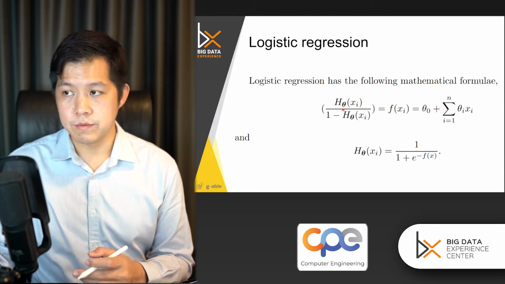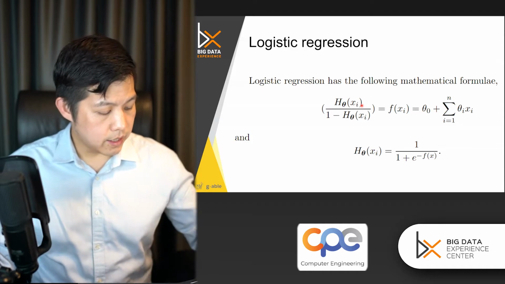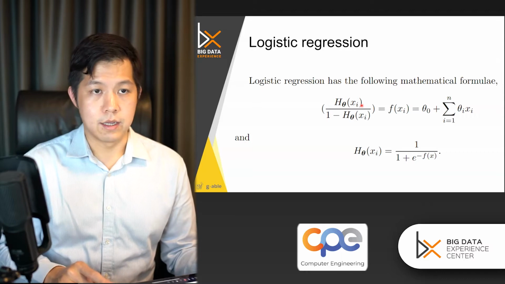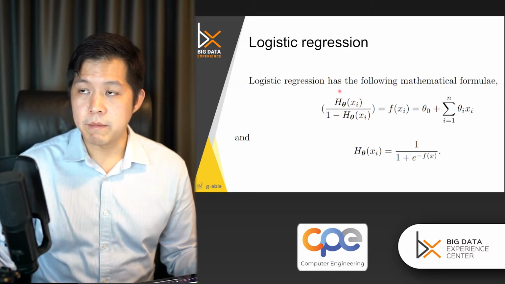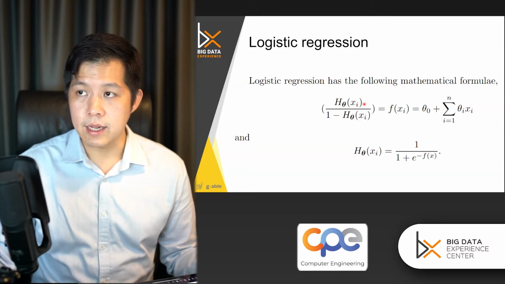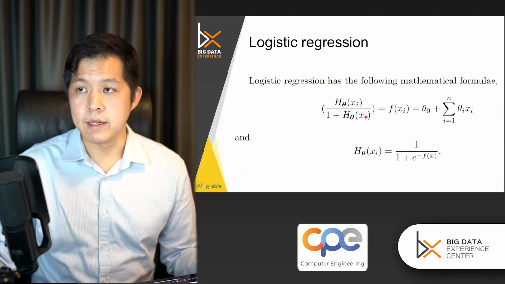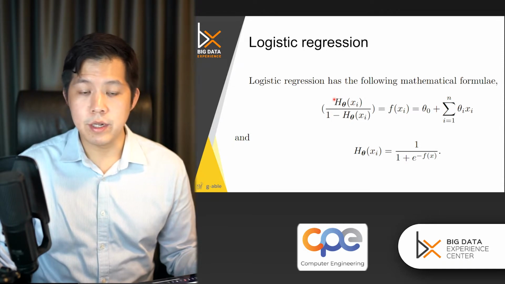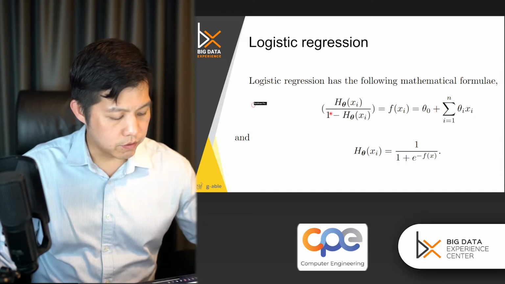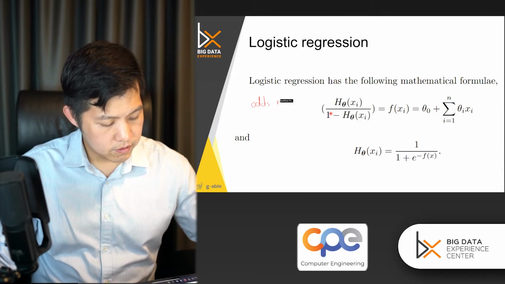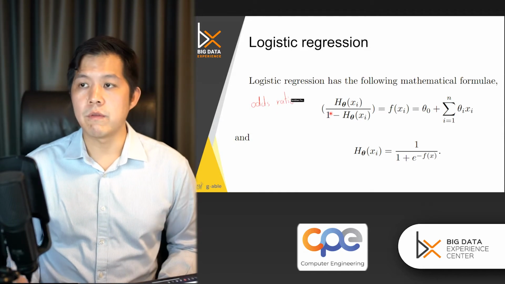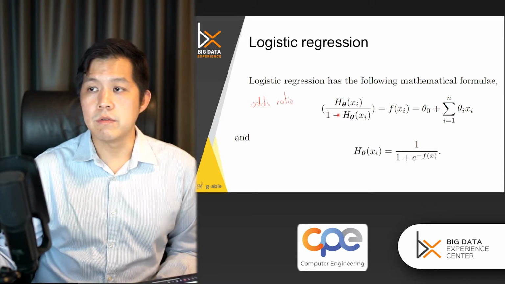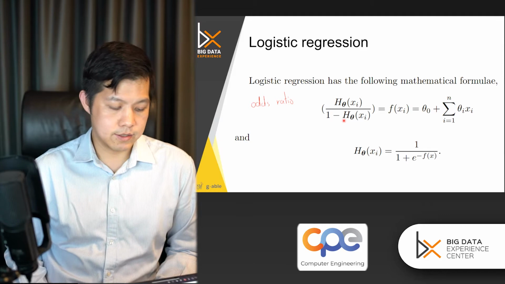Think about h theta x as the output of logistic regression. So we have this probability of belonging to the class, and this is 1 minus the probability of belonging to the class. So the division between them creates something like the odds ratio. This is the odds ratio, or the proportion of belonging to the class and not belonging to the class.